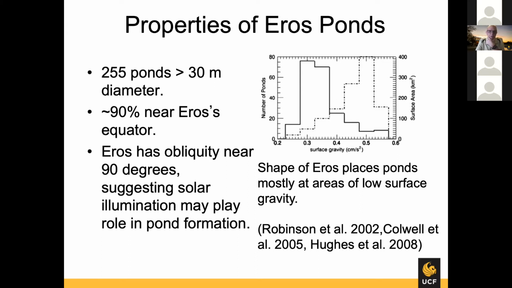So the graph here is showing the distribution of ponds as a function of the local surface gravity, because Eros is very oblong, so the areas at the ends of the asteroid have a lower surface gravity than those near the equatorial waist, just because they're twice as far away, basically, from the center of mass of the asteroid.